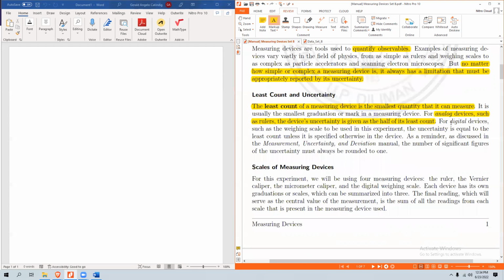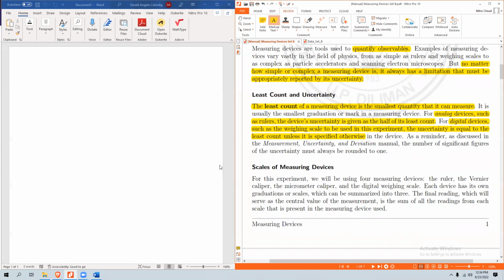And for digital devices, such as the weighing scale to be used in this experiment, the uncertainty is equal to the least count unless specified otherwise. Again, as a reminder and call back to the first experiment, the number of significant figures of the uncertainty must always be only one.